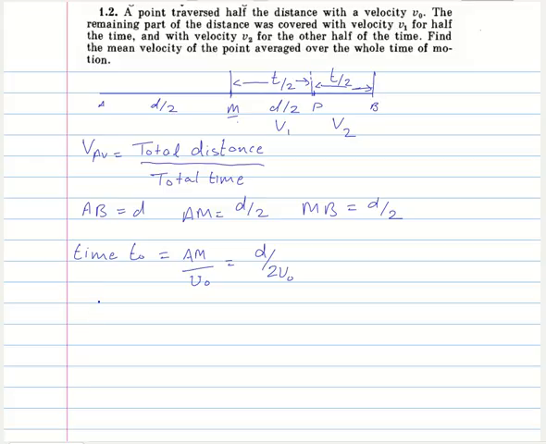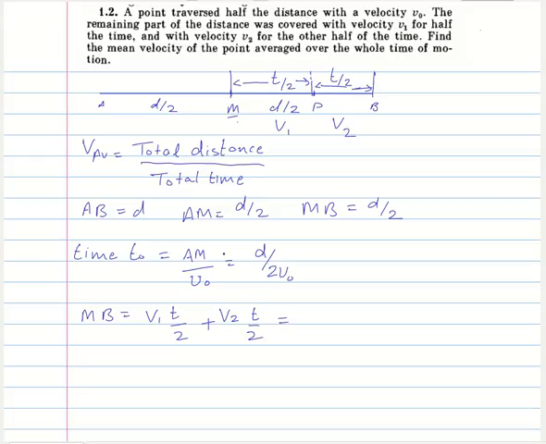So what is the total distance covered in time t? It should be MB, which is equal to this speed v1 times time t by 2 plus v2, which is the velocity between P and B, times t by 2.